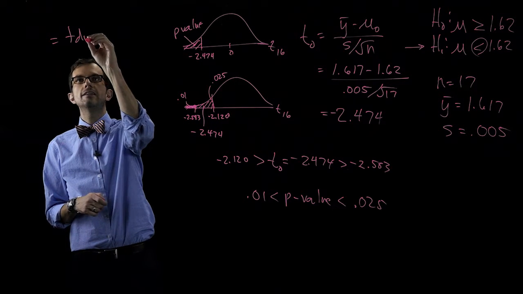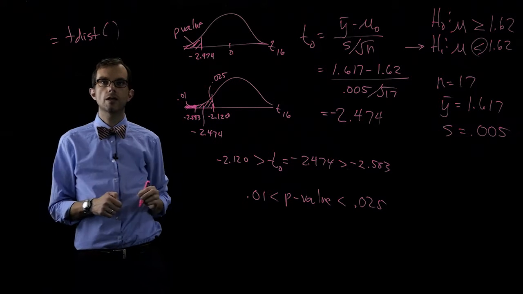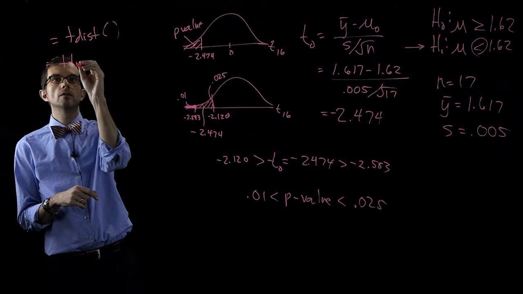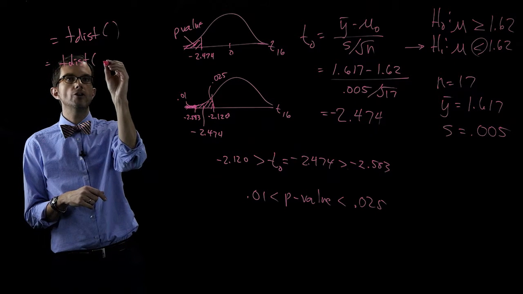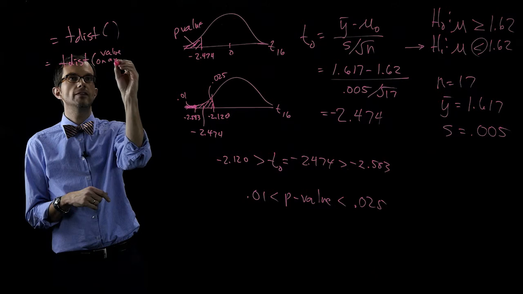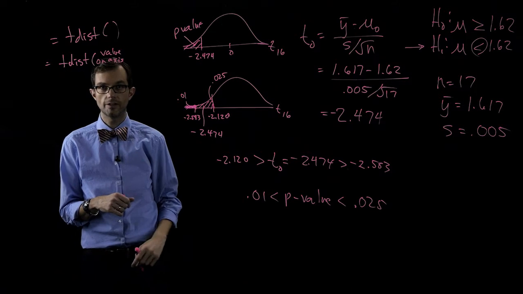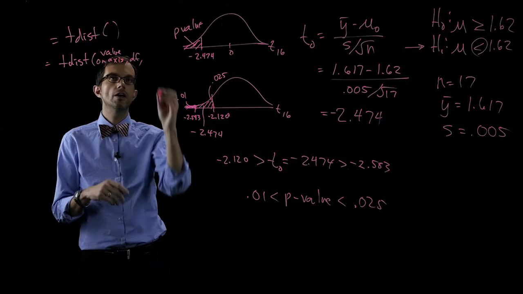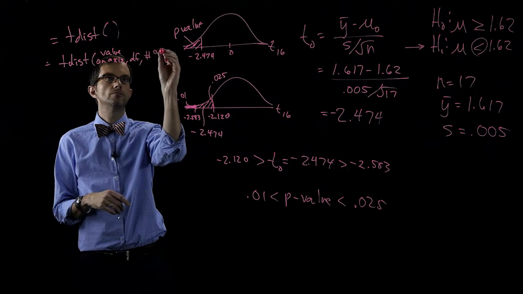The tdist function reads in the value on the axis, in this case that would be our test statistic. It then reads in the degrees of freedom, and it reads in the number of tails.